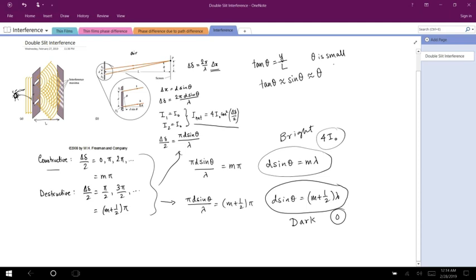Now sine of theta is related to the dark and bright fringe positions because these appear in the constructive and destructive interference conditions, right? So we can backtrack. We can say that y is equal to L tangent theta, which is roughly equal to L sine theta, which is equal to L over D times delta x, or D sine theta.